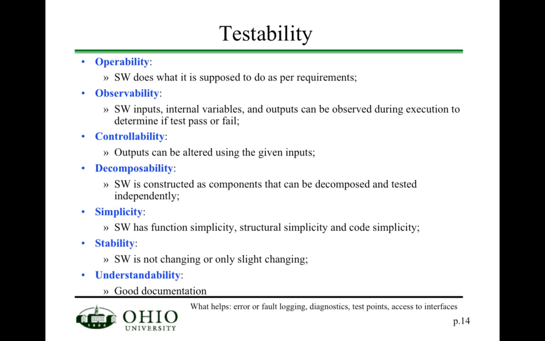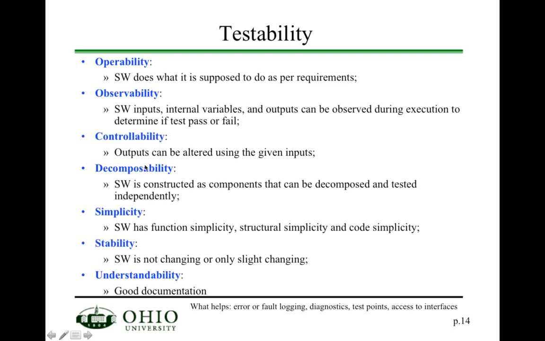In terms of testability, make sure of operability: the software does what it's supposed to do as per the requirements. Observability: you need access to all the inputs, internal variables, and outputs so they can be observed during execution. That's the only way you can look at them, test them, and check whether the tests passed or failed.